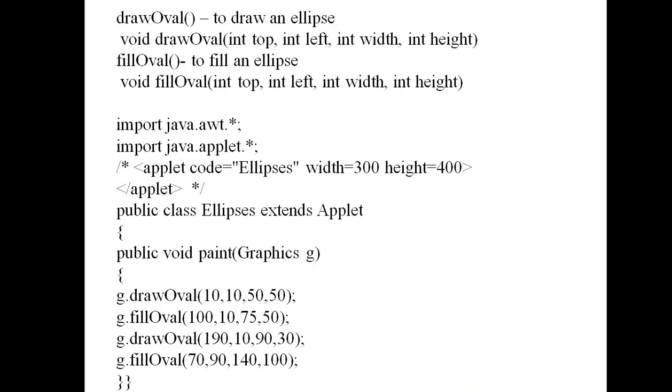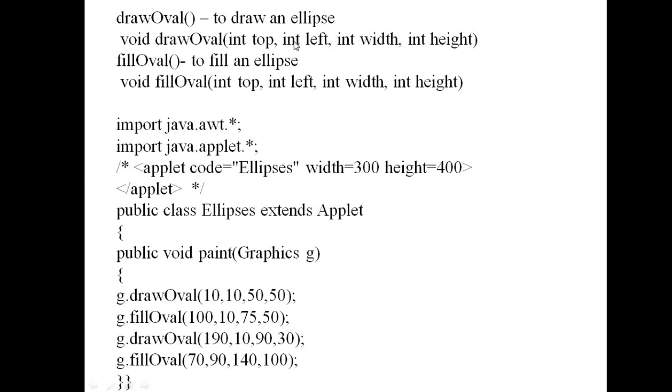Then drawOval, to draw an ellipse. So drawOval is a method to draw an ellipse that will be having four different arguments: top and left, width and height, all are integer values. These are the four different arguments. So similar to a rectangle, an oval must be having a top value and a left value, that is considered as x1 and y1.